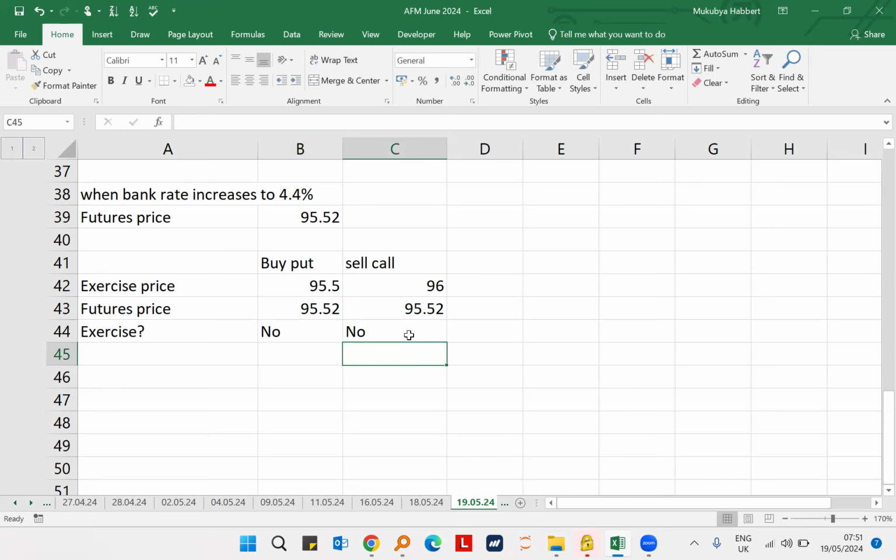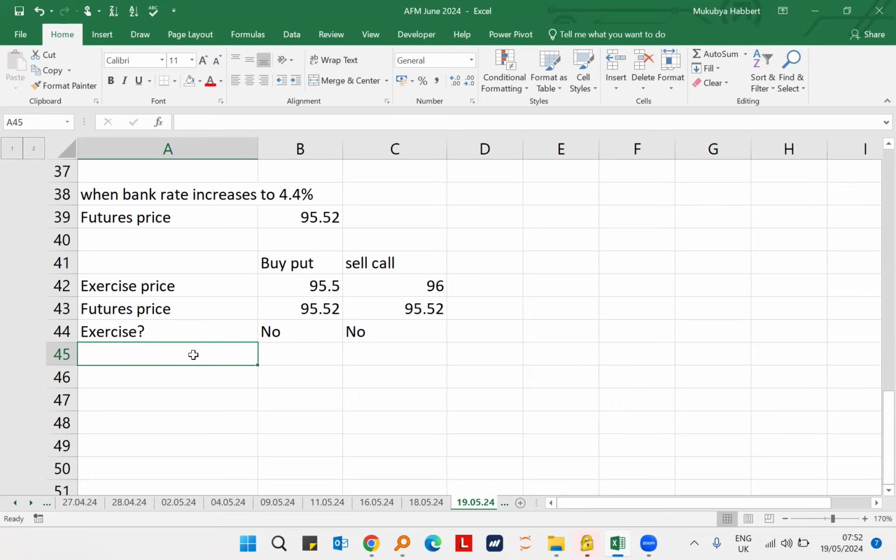Because why would you buy an option to buy at a higher price? So in both cases, you're not exercising. And when that happens, it means that you're not going to calculate things like the saving. In this case, there's no saving, there's no loss in basis points. So that's where it stops.